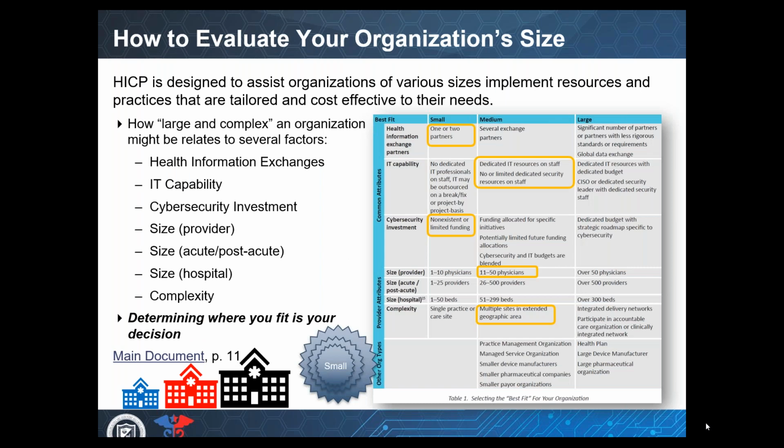Again, on this idea of how do I decide if I am a small, medium, or large organization, there's a tool in the document to help you categorize yourself, and that really comes into play in those technical documents. If you're a small organization, you don't want to be looking through the large organizational technical document.